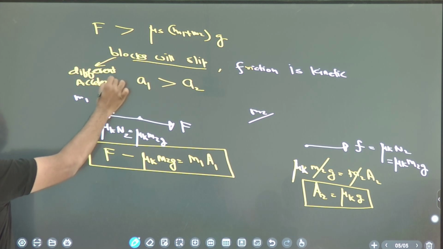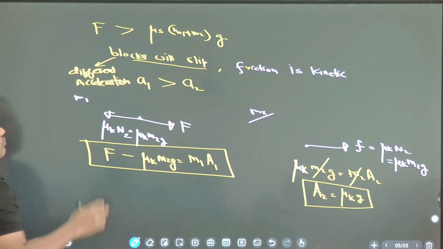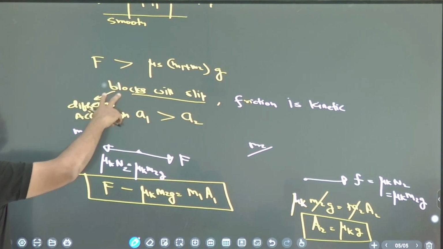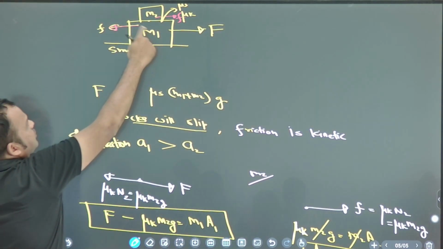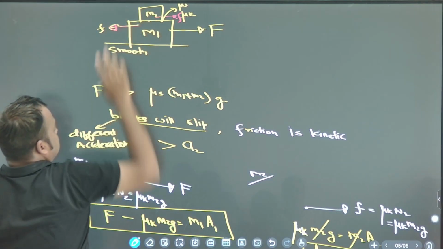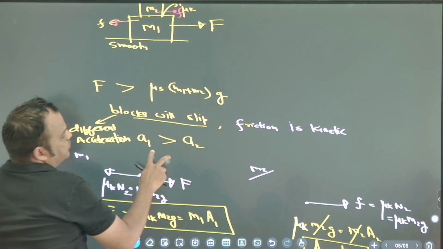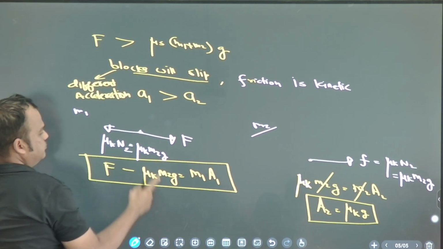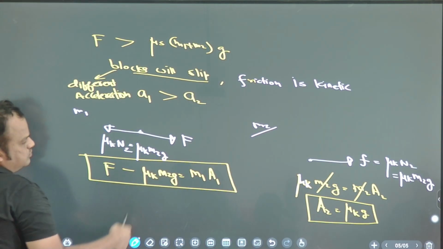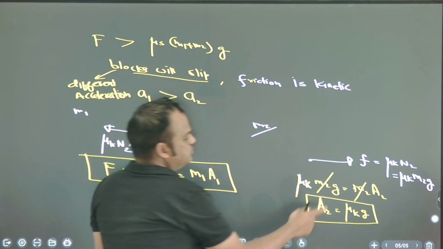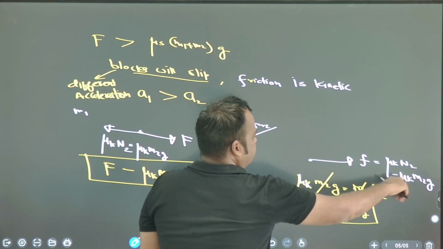Which block has more acceleration? Upper block or lower block? Lower block. Very good. Lower block has more acceleration than upper block. A1 is greater than A2. How to find A1? Use this. How to find A2? Use this.